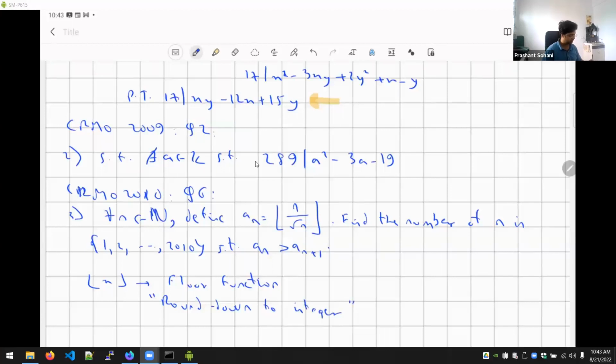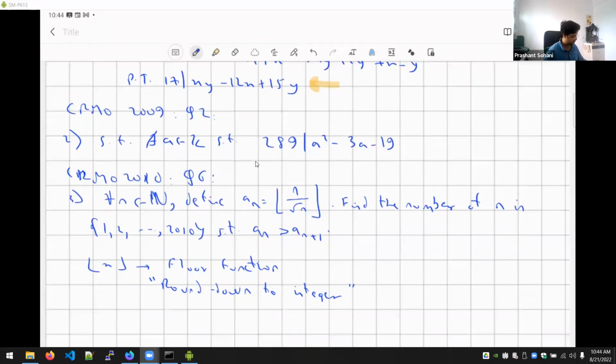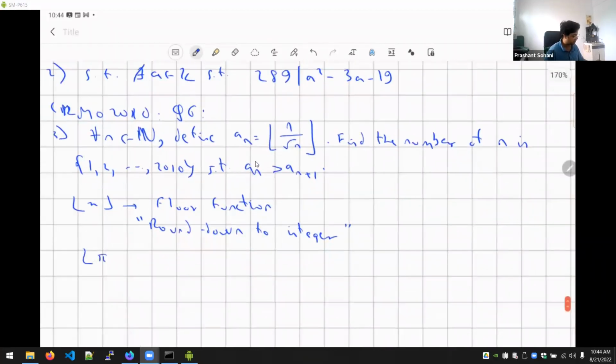Any integer remains the same. Any non-integer is rounded to the nearest integer below that. So the floor function of pi is 3, for example. And negative values also are rounded down.